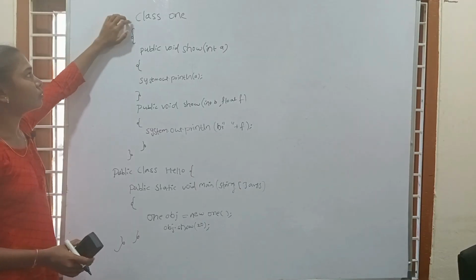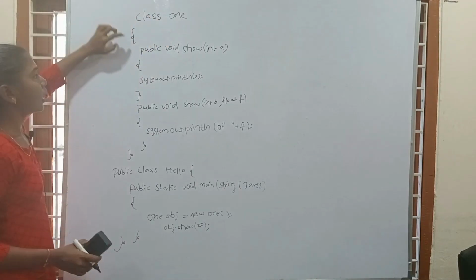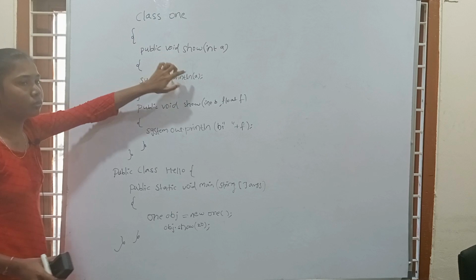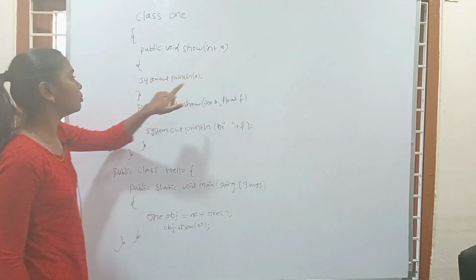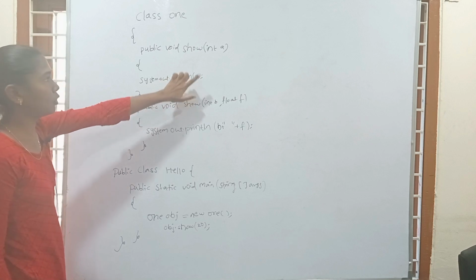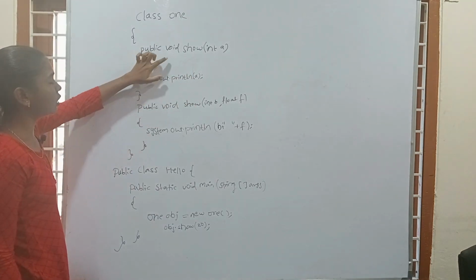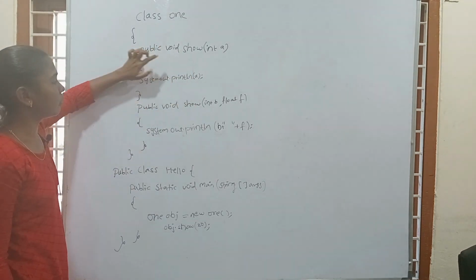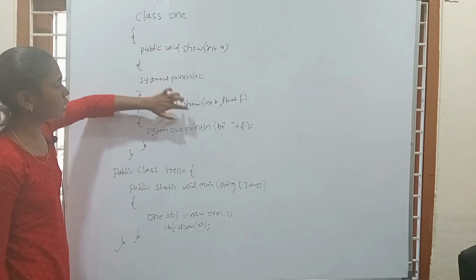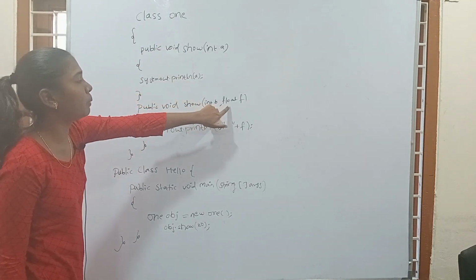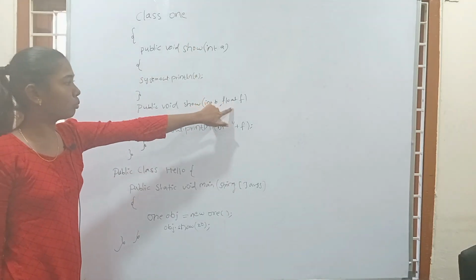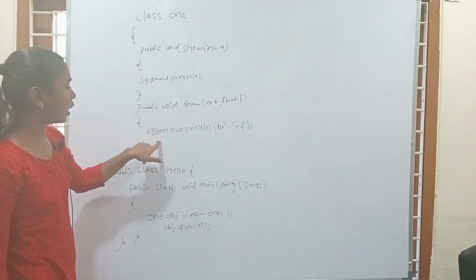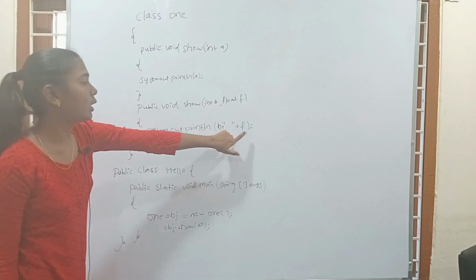Here I am taking class one and one method, show. Here I am taking one parameterized integer and then printing the value of a. Next, I am taking the same method with the same name but different in parameters. Here we have only one parameter, and here I am taking two parameters. Then I am printing these two values, b and f.